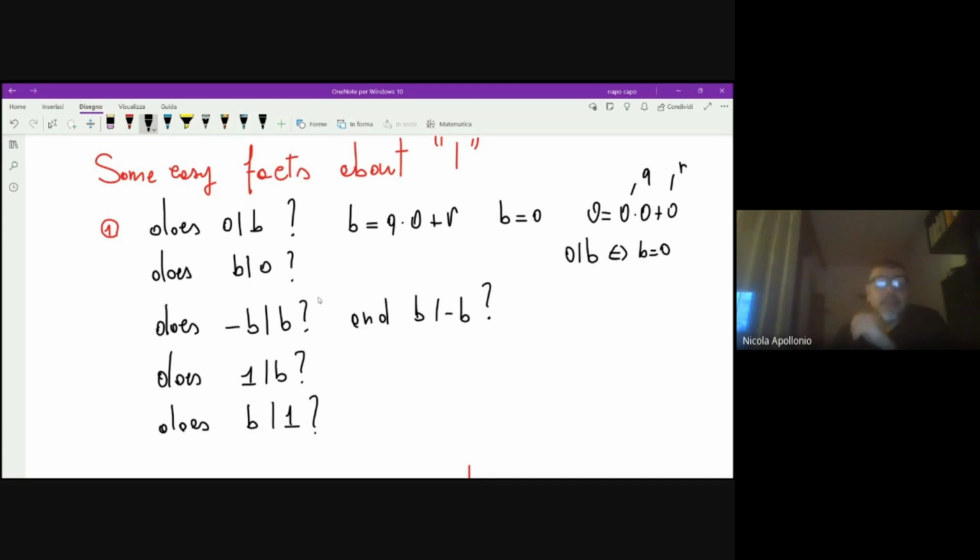Now, does B divide 0? Let us check. Can I satisfy these equations?